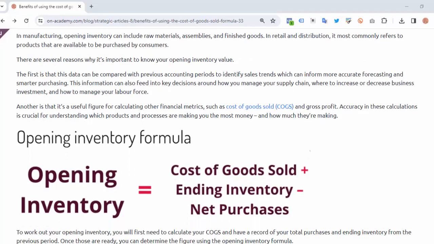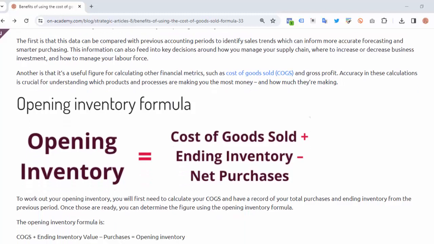How to calculate opening inventory. First, determine your cost of goods sold for the previous period. Cost of goods sold shows the total production and purchasing costs that are required to create and sell a product. It includes all elements of the production, including materials, parts, and labor. It does not include indirect expenses such as marketing or taxes.